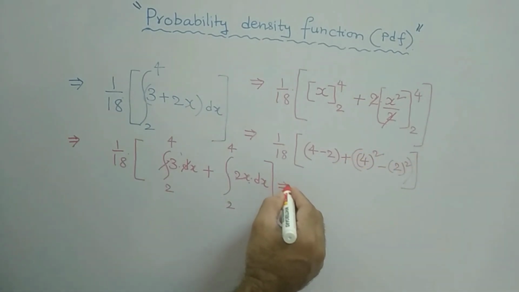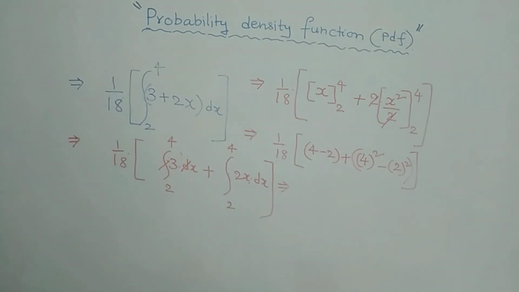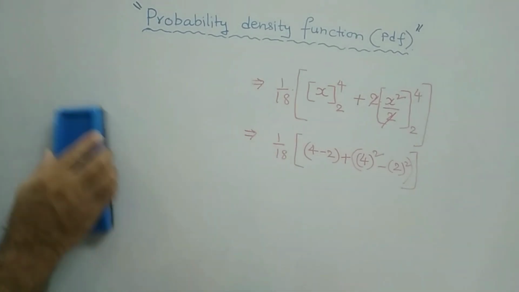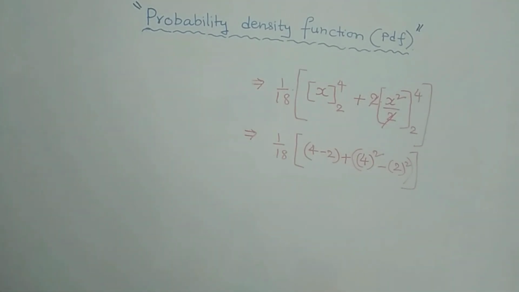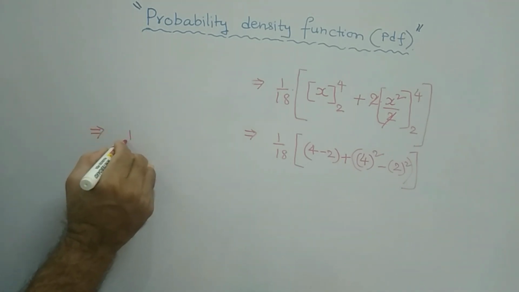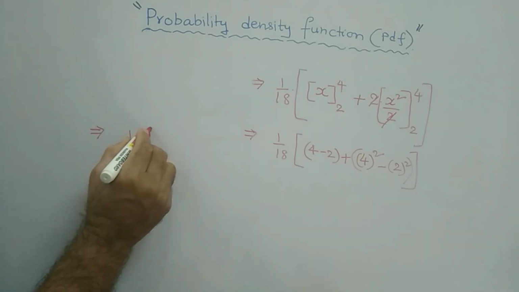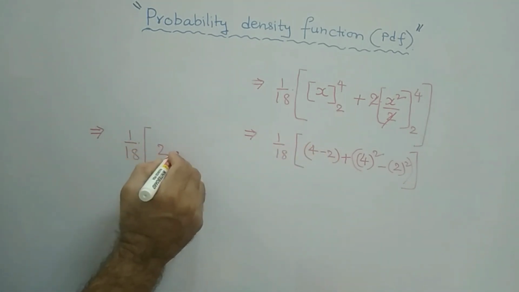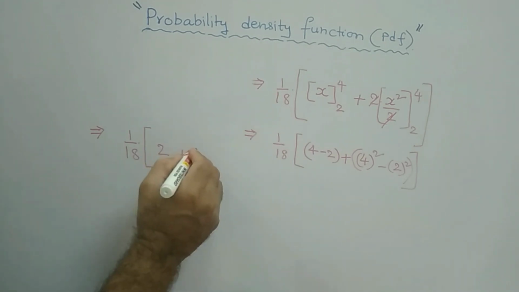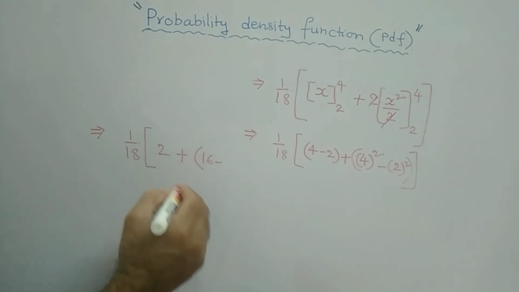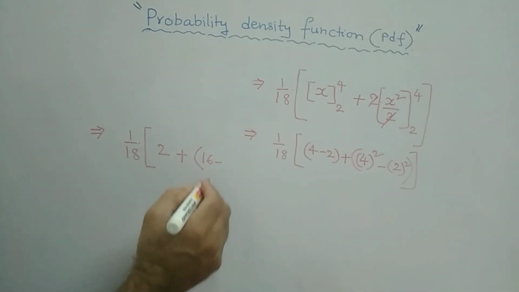So what will you get? This implies it is 1 by 18 of (4 minus 2), how much? It is 2, plus, what is 4 square? It is 16, minus 2 square, it is 4.